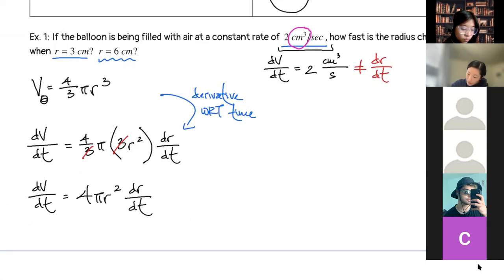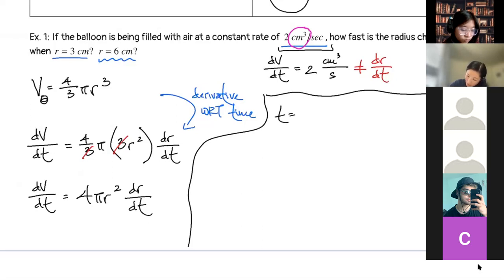So let's plug in some numbers. For r equals 3, we have dV/dt, which we know is 2, equals 4 pi, radius is 3 squared, dr/dt. This looks like a very dressed up version of a problem where I have to isolate a variable that I don't know.